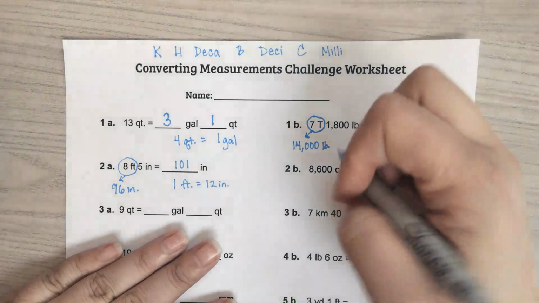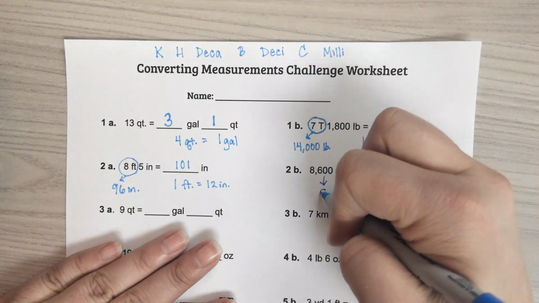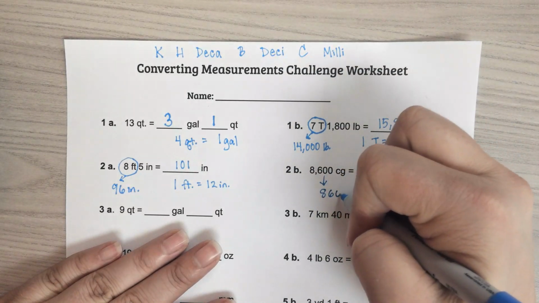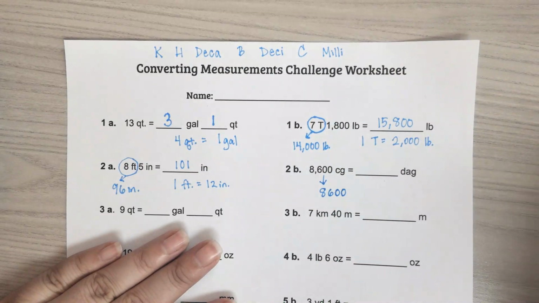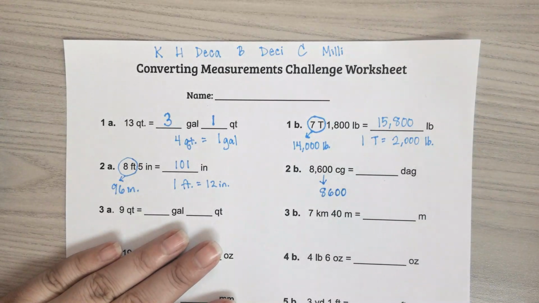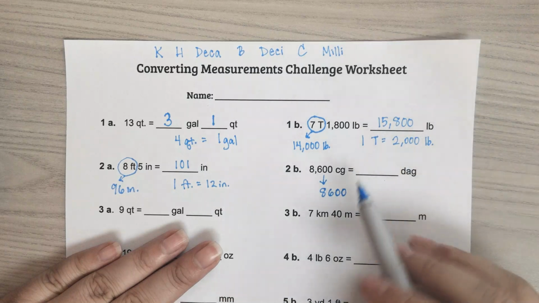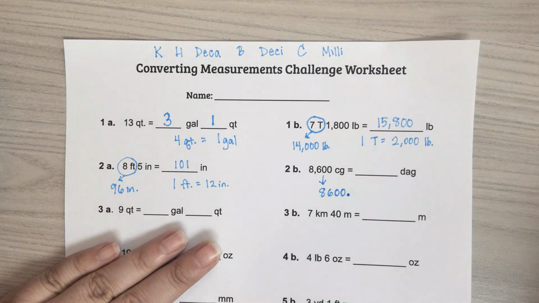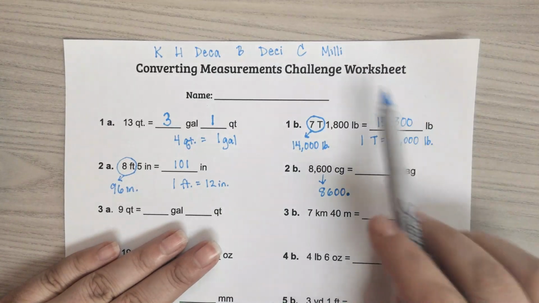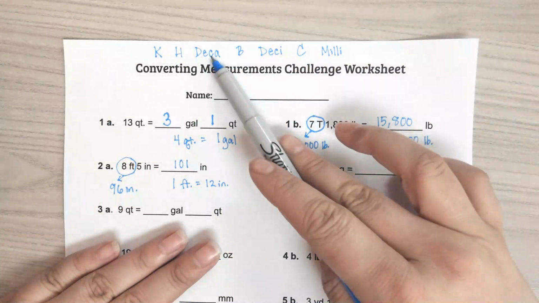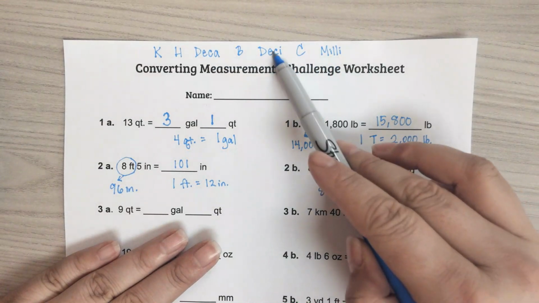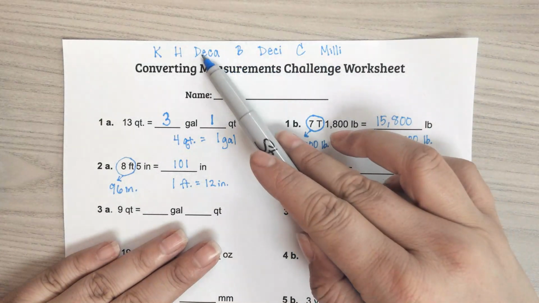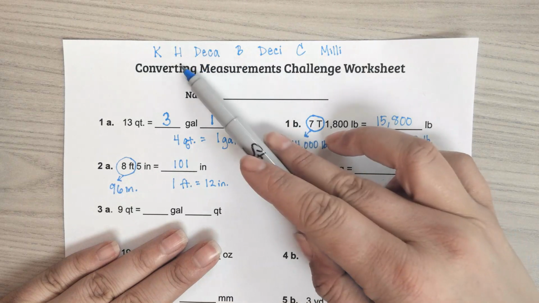I'm going to write my number down below, 8,600, and I'm going to place my decimal in it so that I can actually move the decimal when I make my conversion. When we have a whole number, as we've been talking about, that decimal goes right behind the whole number. Now we're going from centigrams to decagrams, so I'm going 1, 2, 3 spaces to the left.